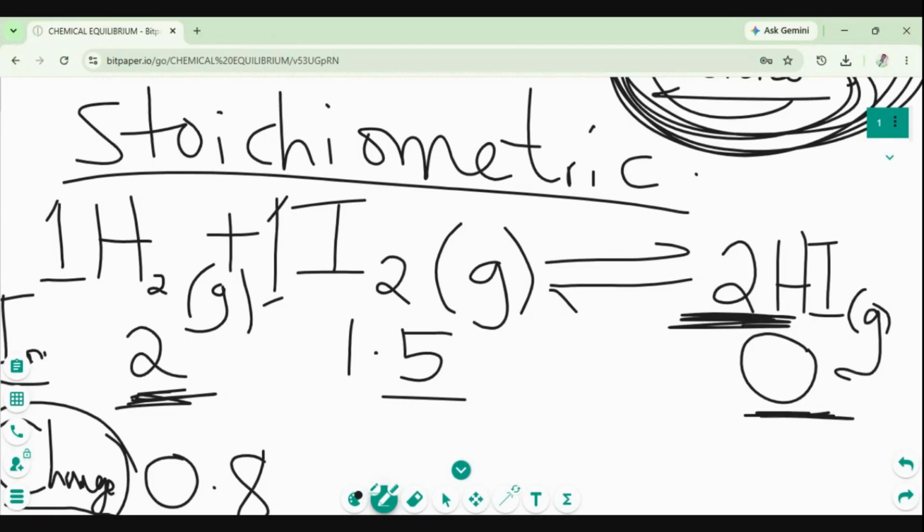However, one thing we should note is that the moles in the stoichiometric equation usually are not the experimental moles. When I say experimental moles, I mean the moles that were involved during the reaction. So we need to know how many moles were there in the reaction.